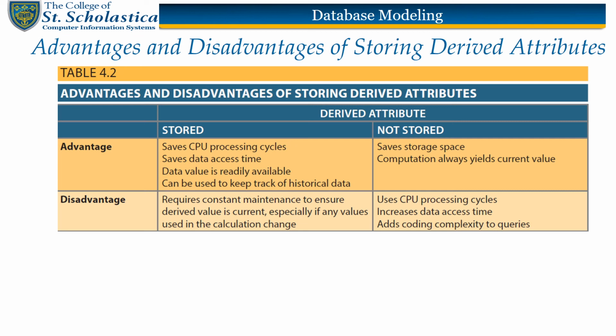The disadvantages are that these stored attributes require constant maintenance to ensure the derived value is current, especially if any values used in the calculation change. Not storing the derived attribute saves storage space, and the computations always yield the current value. This has the disadvantage of increasing the use of CPU processing cycles and increasing data access time, with additional coding complexity added to the queries.